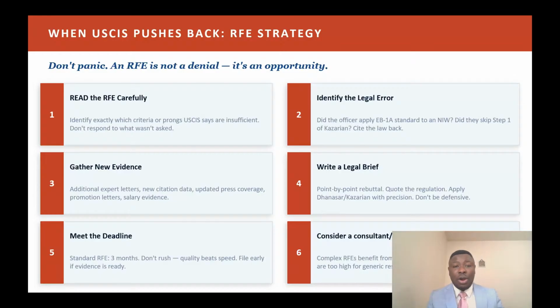Remember, words are spells. That is why we call them spellings. So when you write, you want to write in a way that your words will impact and affect the adjudicating officer.